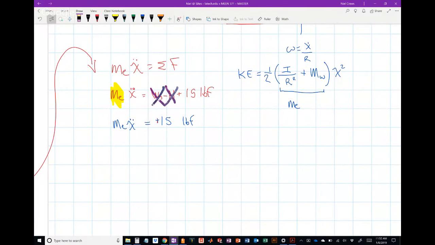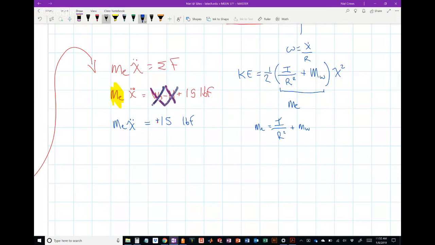So, we can maybe expand this a little bit more before we plug it in here. The equivalent mass is I over r squared plus the mass of the weight.